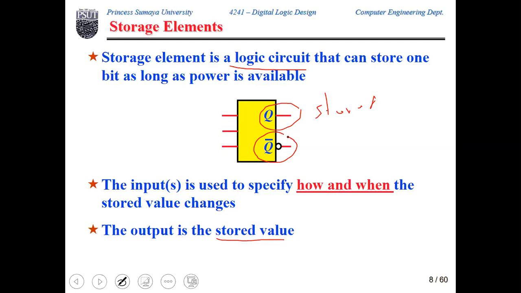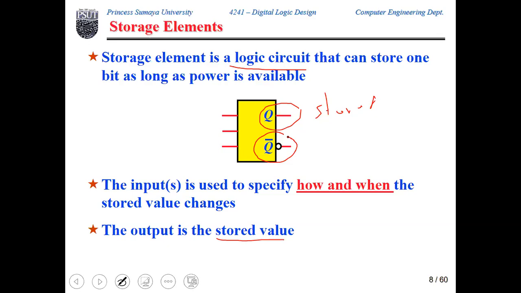The commercial storage elements usually come in this shape, where you have 2 outputs, one for Q and the other for the complement of the stored value. This is helpful when you build the circuit, because sometimes you want Q, sometimes you want Q bar, as we will see when it comes to designing sequential circuits.